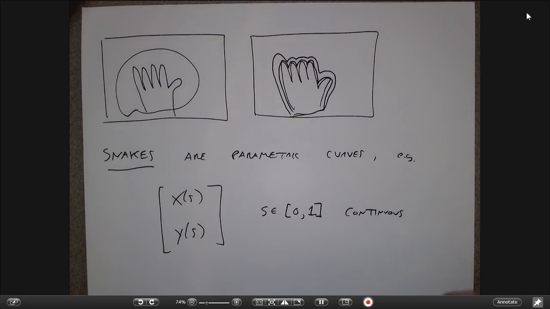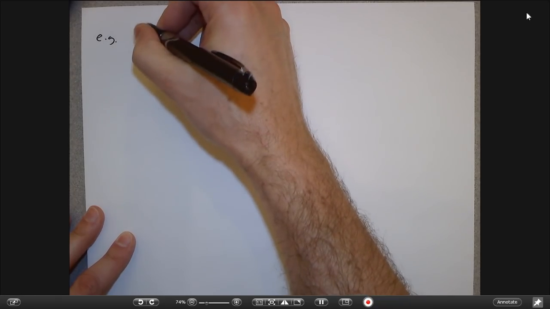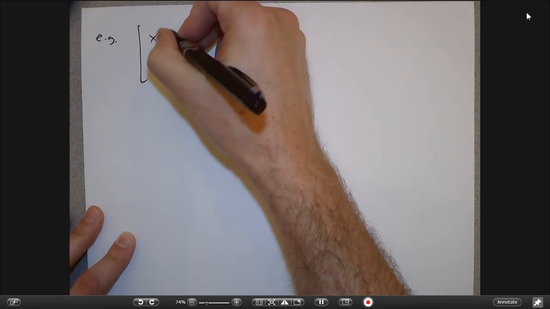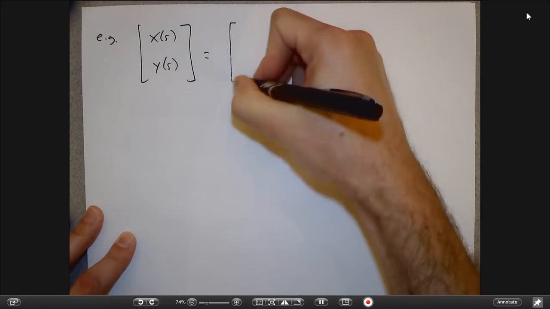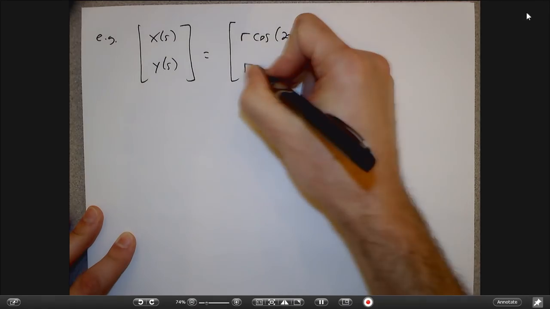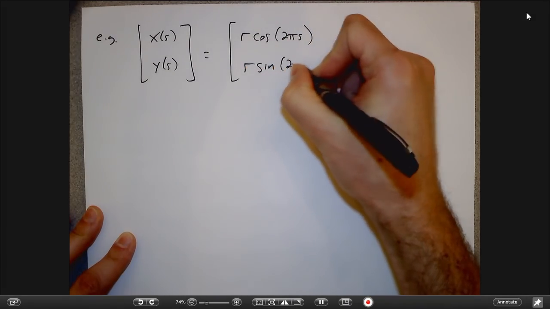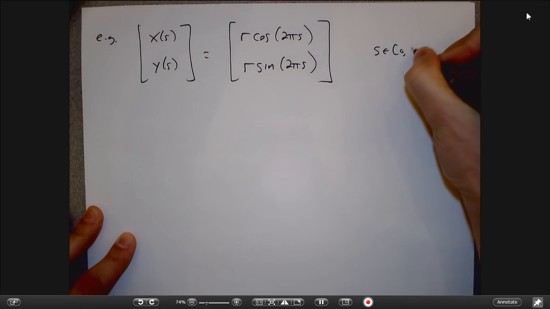So, for example, let's look at how we would make a circle, right? I could say the x-coordinate and the y-coordinate are r cosine 2 pi s, r sine 2 pi s, with s going from 0 to 1.